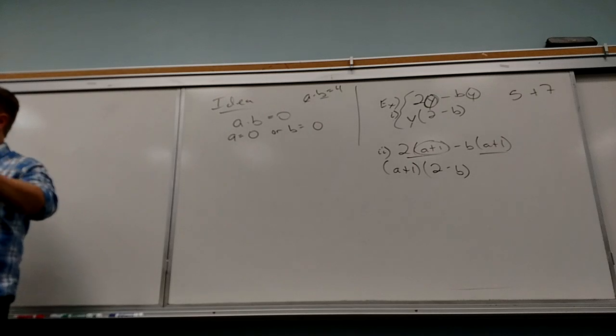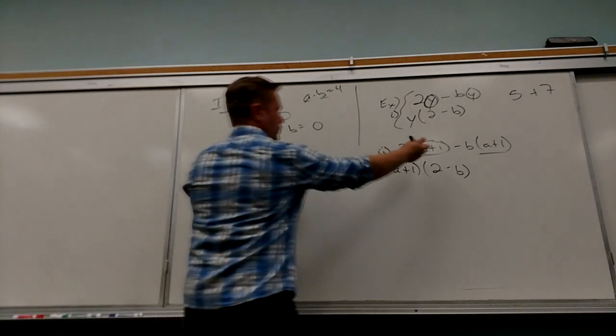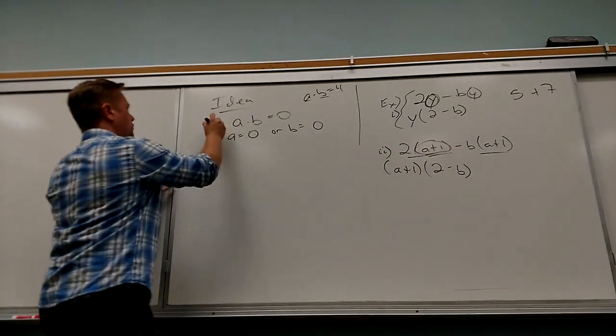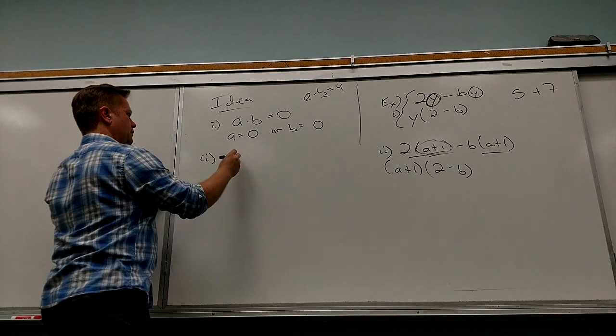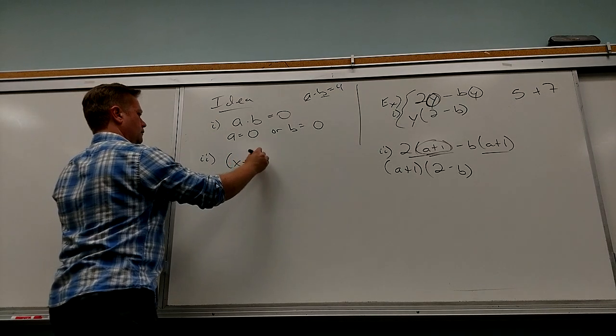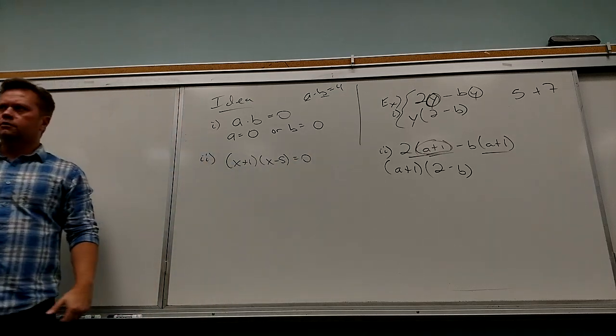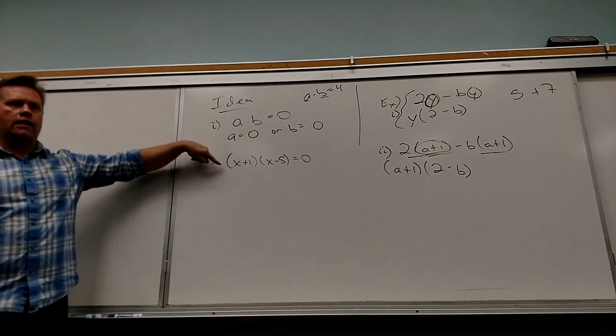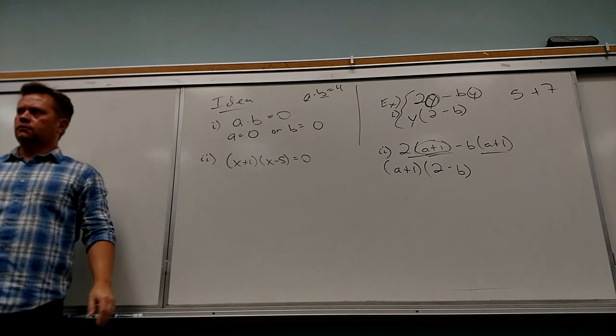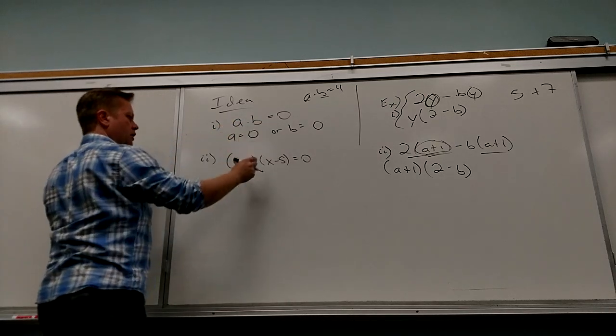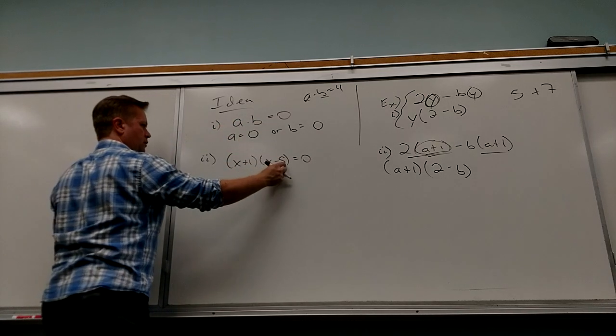Now, I kind of like this order I decided to do this in because, very much like we just talked about, what if the problem looked like this instead? You see how that and that are the same idea? A number times a number. A number times a number is 0.